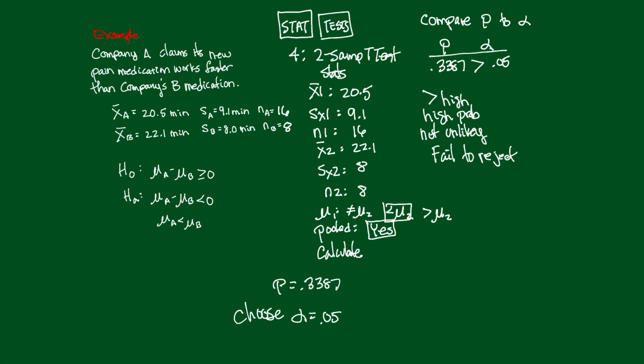So really, the claim is here. This is the claim, this one. So we're rejecting that one, right? We failed to reject, got to be careful here. We failed to reject H0. So we're not rejecting this. So we're kind of going with this. But that means we're going to reject this company's claim.